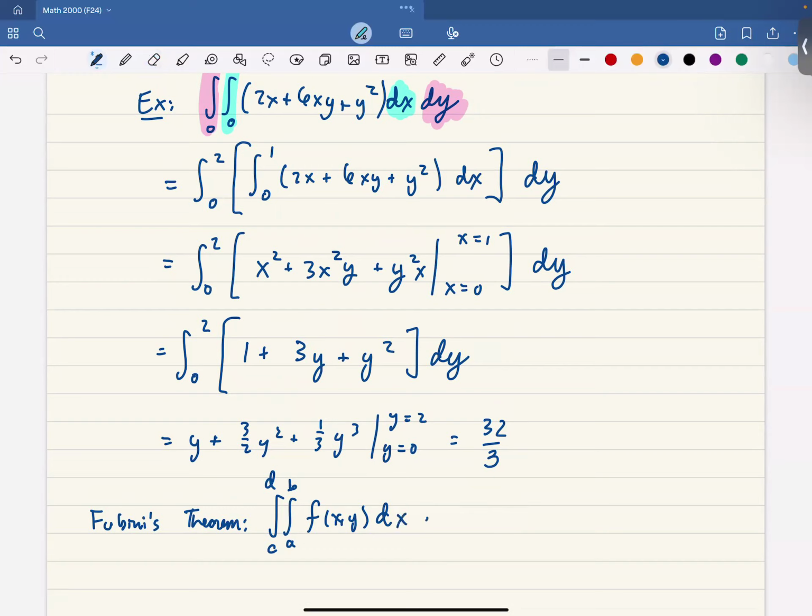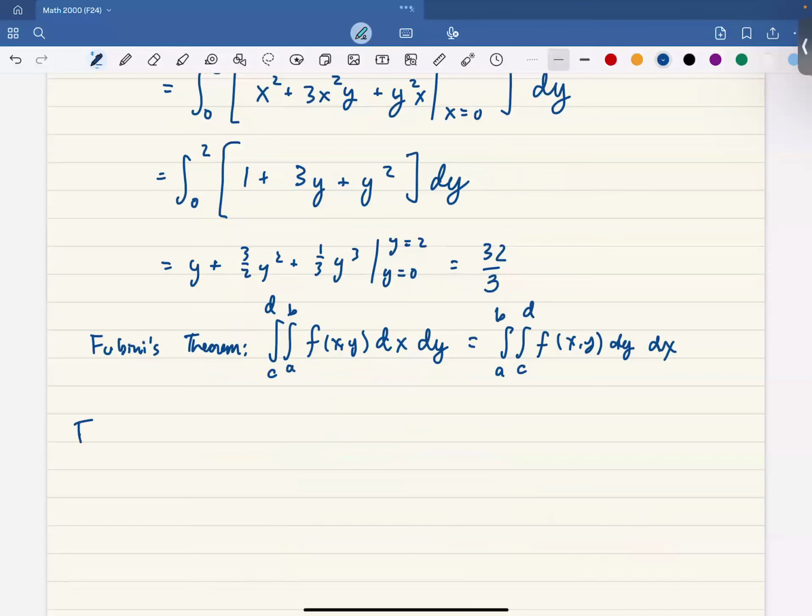So if we have dx dy, where x goes from A to B, y goes from C to D, we could just rearrange, and this will be dy dx, where y goes from C to D, and x goes from A to B. So we're really just rewriting that.